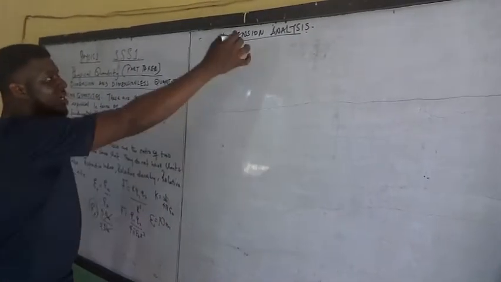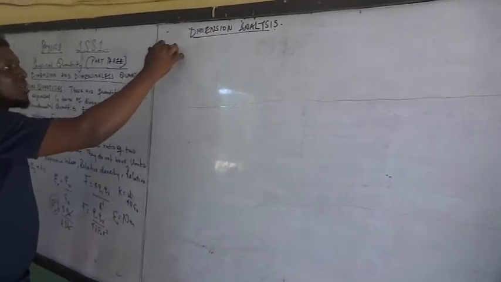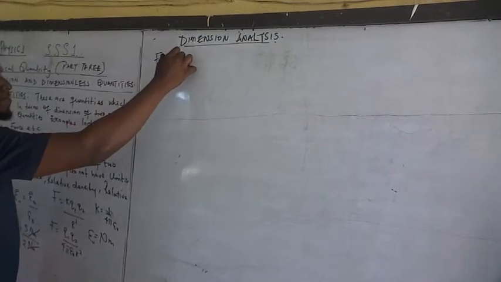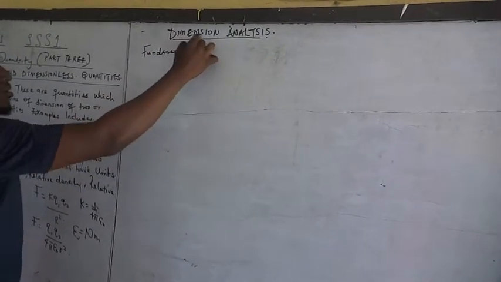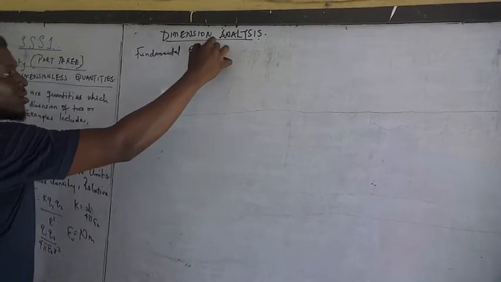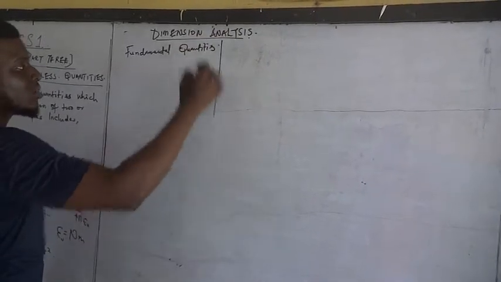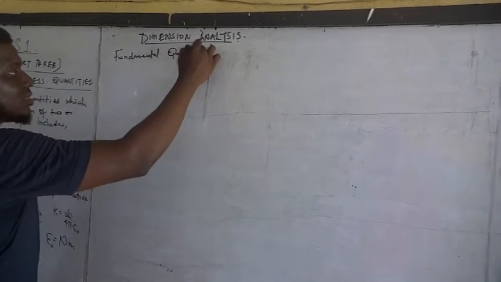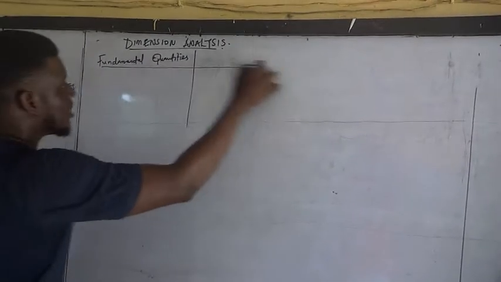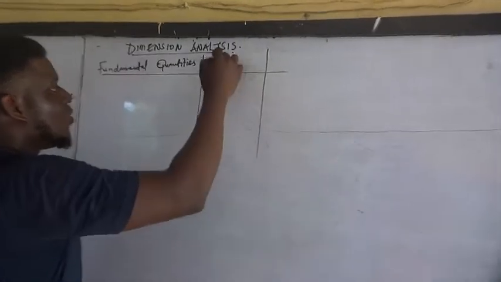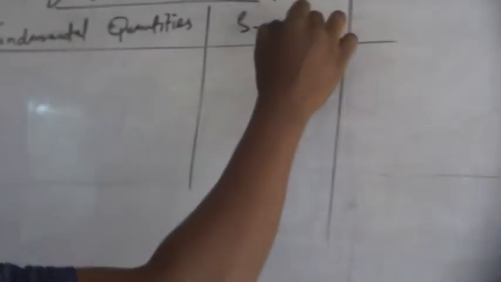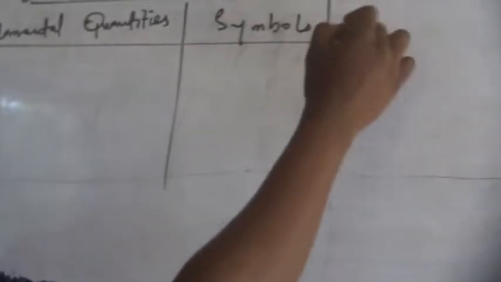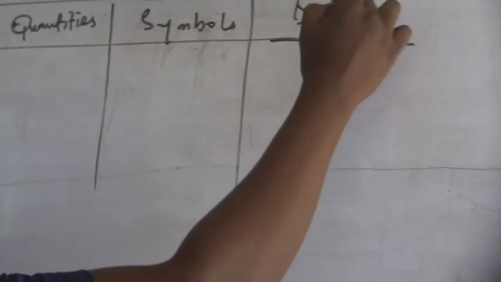Don't be confused. We have our fundamental quantities, their symbols, and their dimensions.